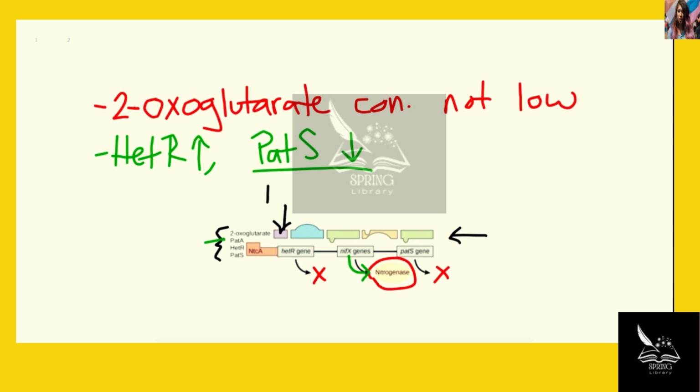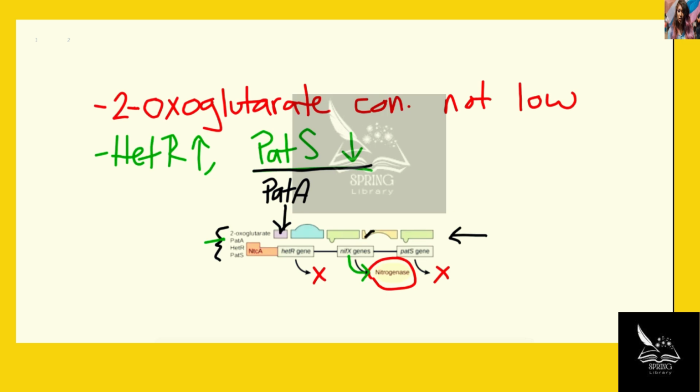And since the metabolites are quite small, we're going to put patA here. Okay, and then we know that we have an increase of hetR, a decrease of patS, and that the 2-oxoglutarate concentrations are not low, right?